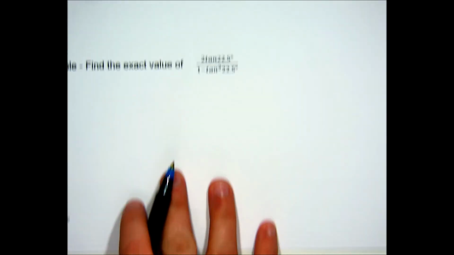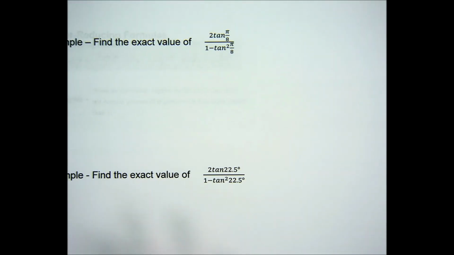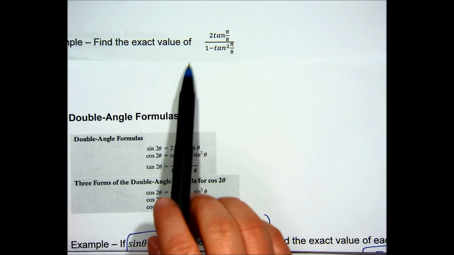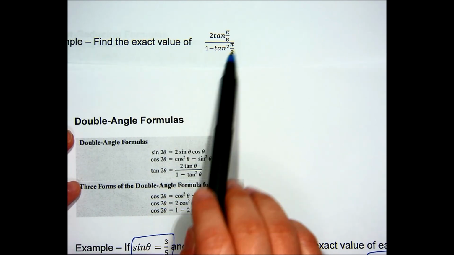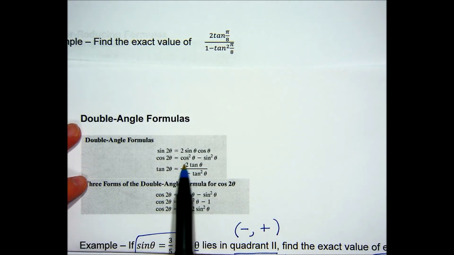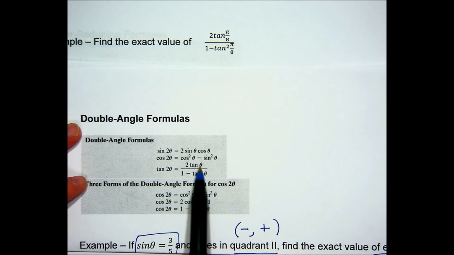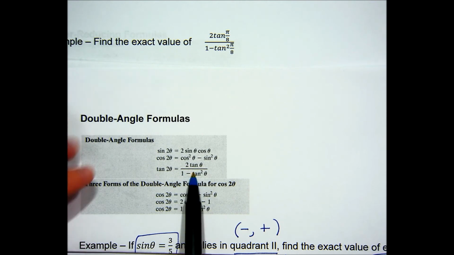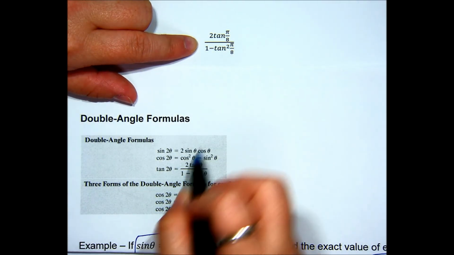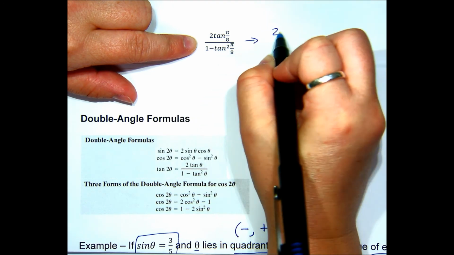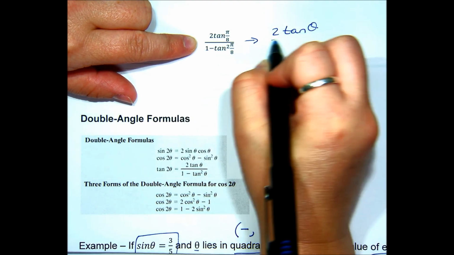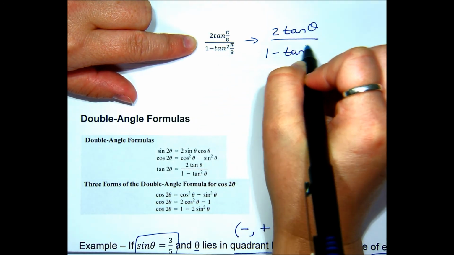Next, let's look at a couple more here. This time, notice, this is find the exact value. This equation looks awfully familiar. It looks like this one, doesn't it? It looks like this side of the equation. If you line this up, this looks like 2 tangent theta over 1 minus tangent squared theta.